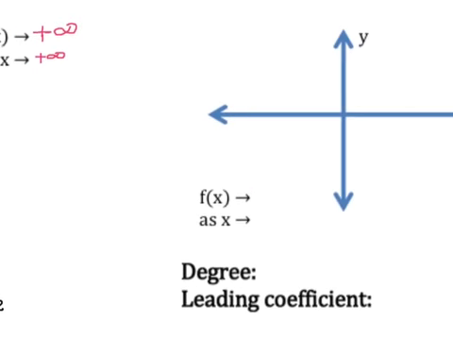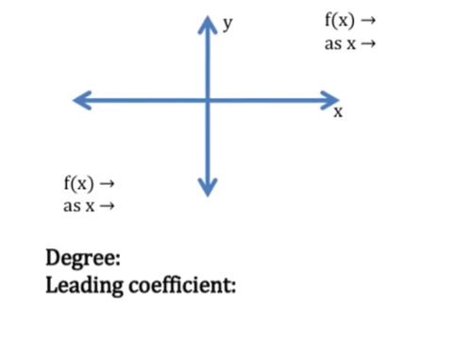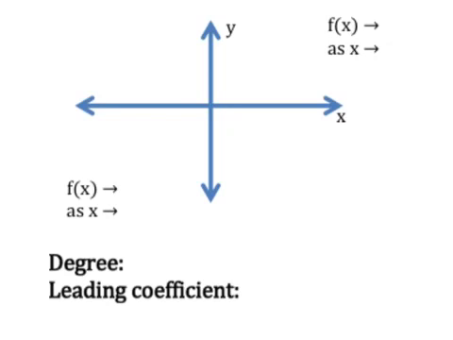So let's come and look at the other graph right here. So our degree here is even, 2, 4, 6, 8, 1,000. And here my leading coefficient is going to be negative. And we've already established down here this x is going to be negative infinity.